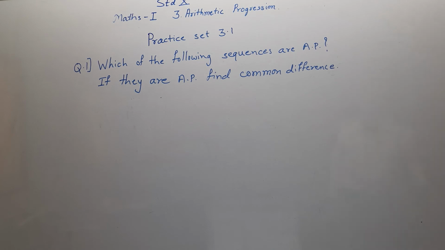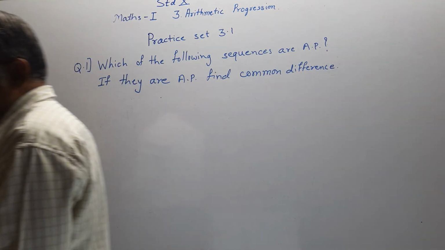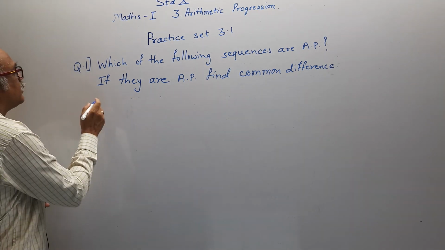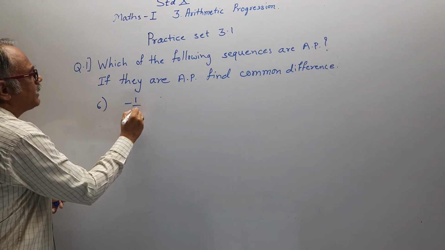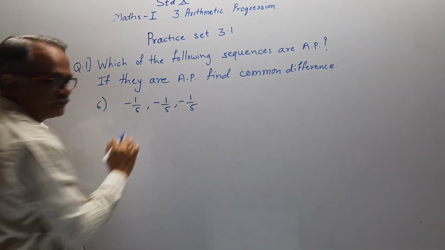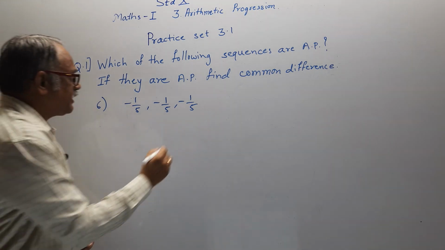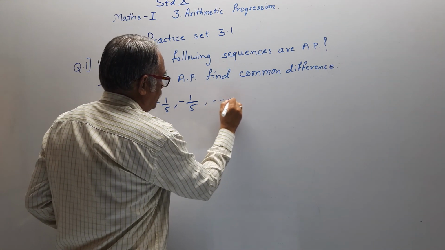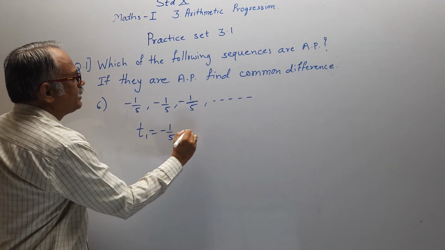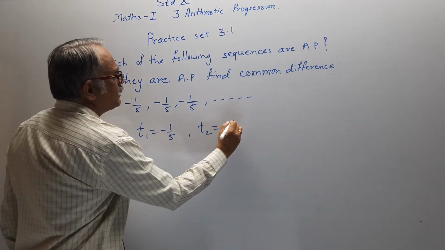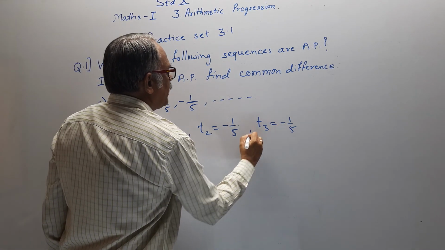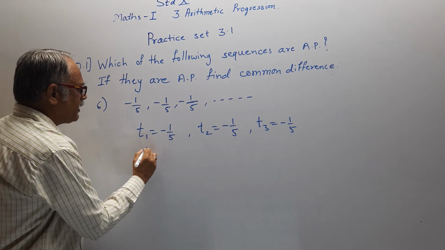For today, the last sub question, and very small. Minus 1 by 5, minus 1 by 5, minus 1 by 5. It is one and the same. T1 is minus 1 by 5, T2 is minus 1 by 5, T3 also the same. Only 3 terms are given, so we have to find the difference 2 times.